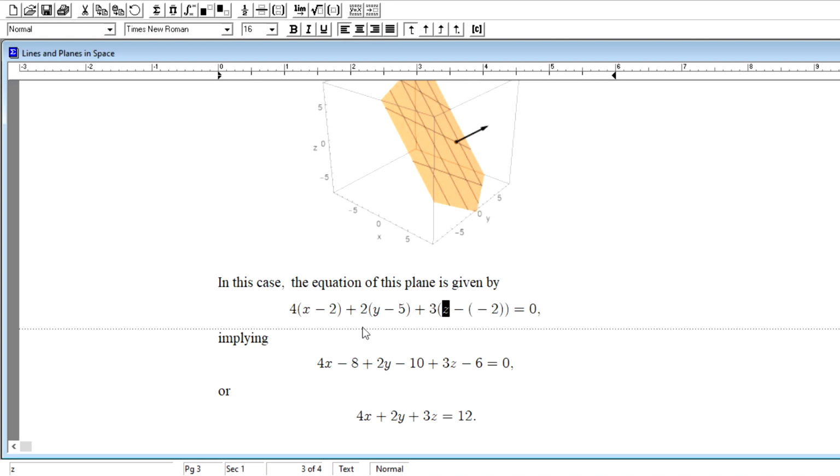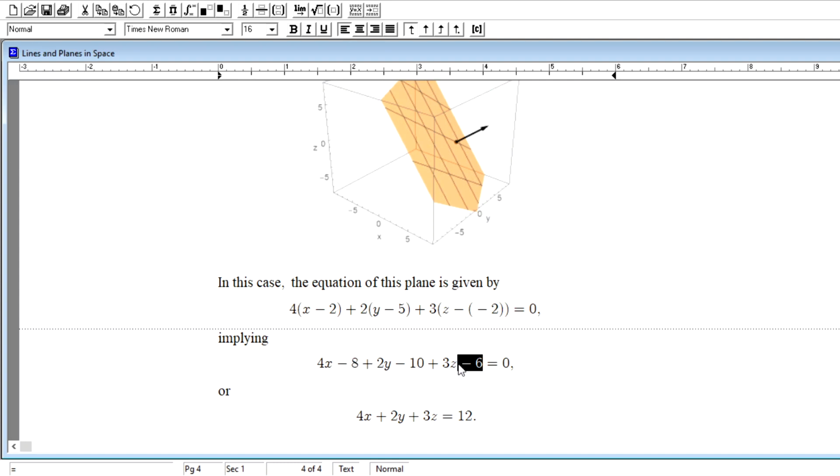If I do a little expansion, I can expand this into the statement 4x minus 8 plus 2y minus 10 plus 3z minus 6 equal to 0, where the statement -8 minus 10 minus 6 is all one constant value.